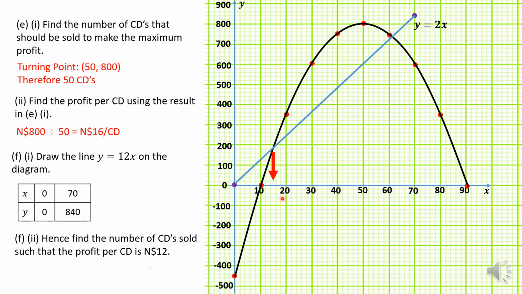The first intersection is somewhere between 10 and 20, which is about 15. Mine says 14, so I'll accept that. Again, one little block represents 2 units. And this one here is about 62 CDs. So 15 CDs and 62 CDs is the correct answer. This is the number of CDs that you sell to make a profit of $12 per CD.